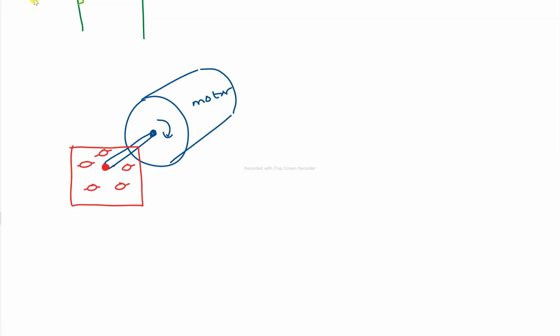And because this is turning, the plant can't figure out which direction the gravity is in. So it gets a bit confused. So it'll just keep growing out.